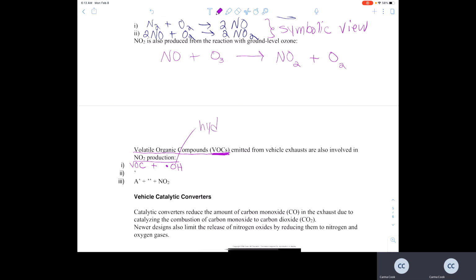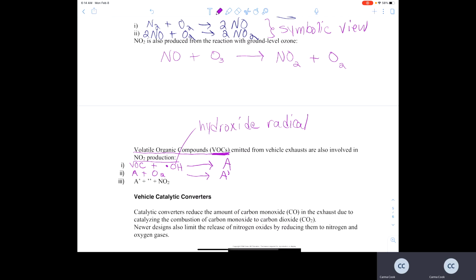So it's called a hydroxyl or hydroxide radical. And it's going to produce an intermediate compound that we'll just call compound A. And then compound A reacts with oxygen in the air to form another intermediate compound that we'll call A prime.